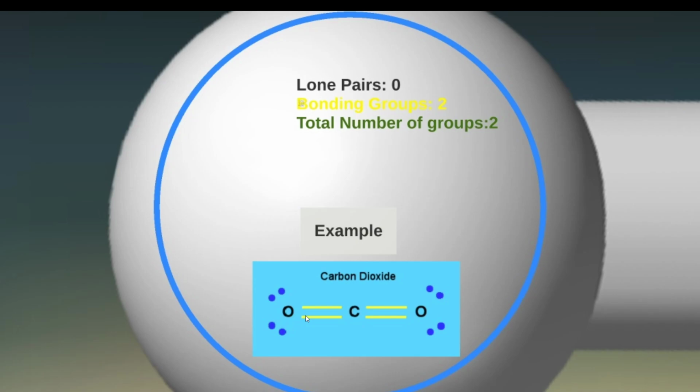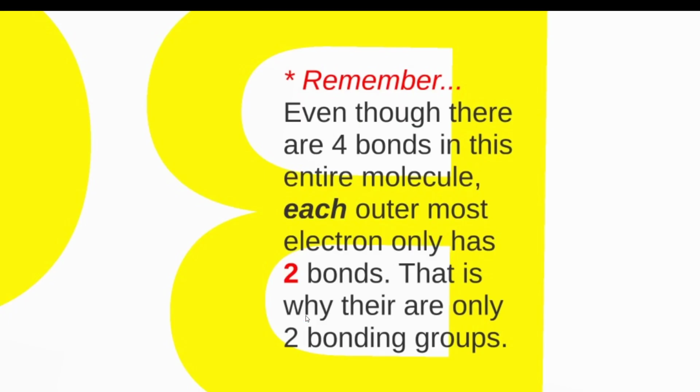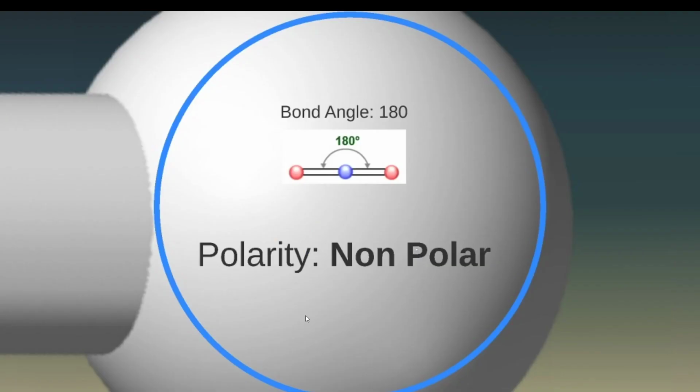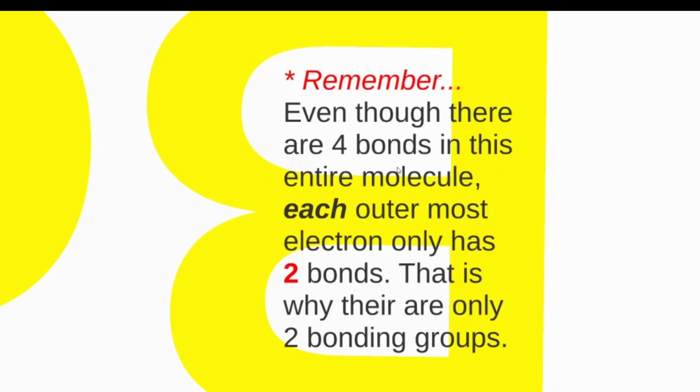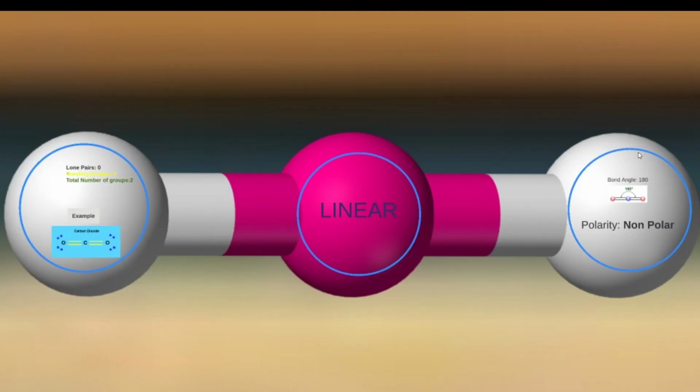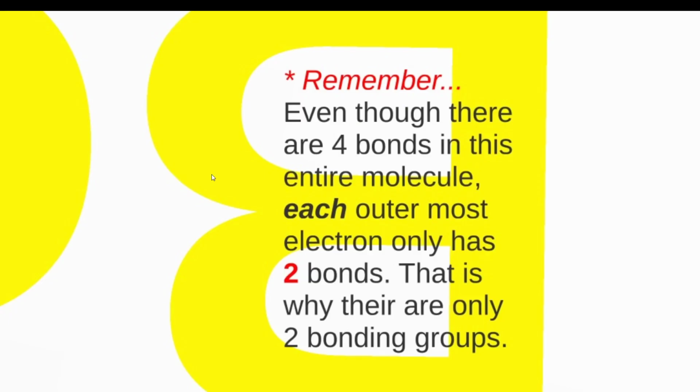If it only has 2 bonding groups and a total number of groups that is 2, it's going to be a linear molecule. Now the linear molecule is going to have a bond angle of 180 degrees, which should make sense. This electron group right here is 180 degrees from the other one. That's as far away as it can get from the other electron group.